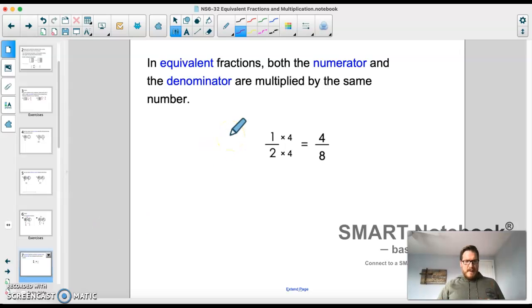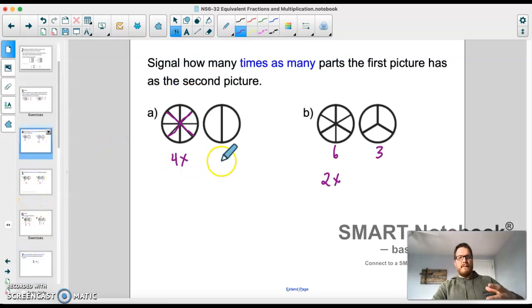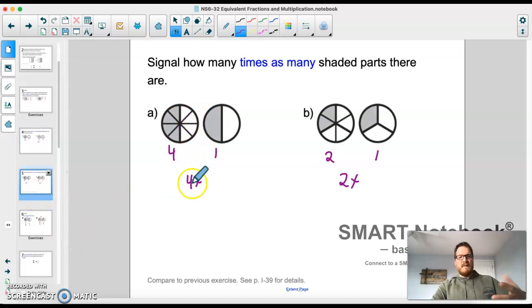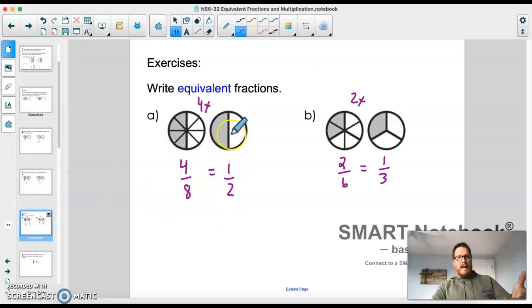So the next thing that we're going to get a chance to do is look at equivalent fractions, both the numerator and denominator. And we saw that in these previous slides. The first one that we identified was this would be our denominator. Then we look specifically at the numerators. The shaded stuff would represent our numerators. Then we put the numerator and denominator together.